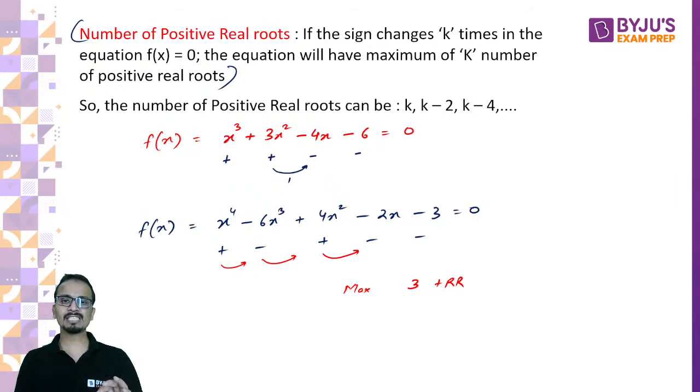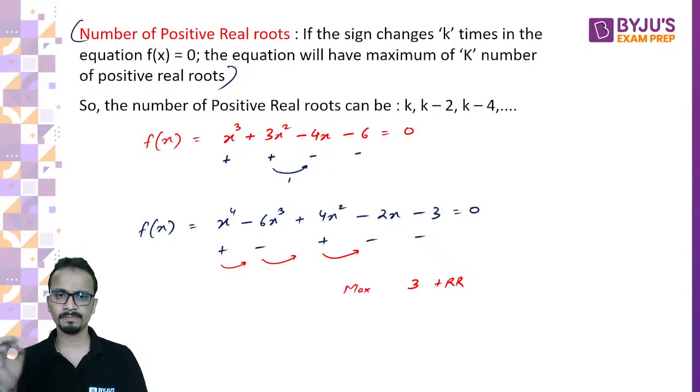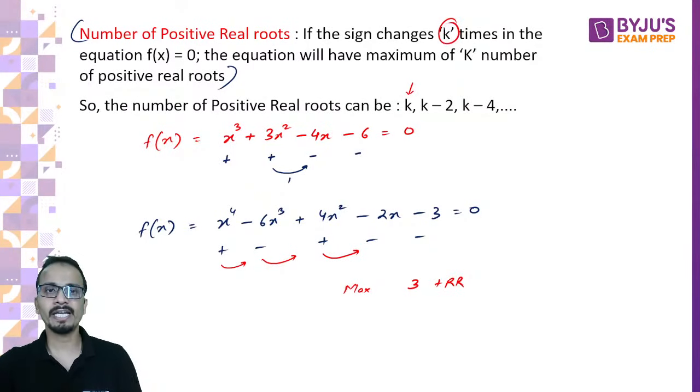मैक्सिमम 3 रूट्स इसके पॉजिटिव रियल रूट हो सकते हैं, उससे ऊपर नहीं होंगे. Now I've used the term maximum number of positive real roots will be 3 in this case. The other possibilities: if the sign change is k times, then it will have a maximum of k positive real roots, or it may have k minus 2 positive real roots, or k minus 4.